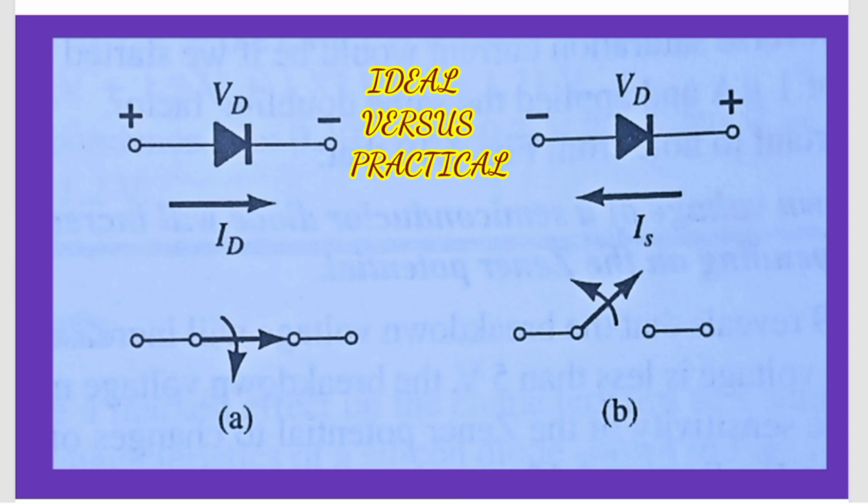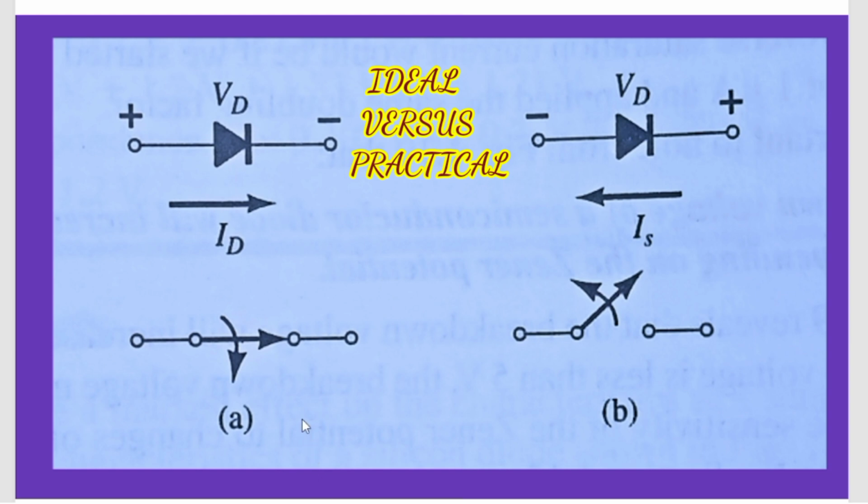Now let us discuss ideal versus practical diode. In the previous video, we discussed that a PN junction will permit a generous flow of charge when forward biased and a very small level of current when reverse biased. Both conditions are reviewed in this figure.